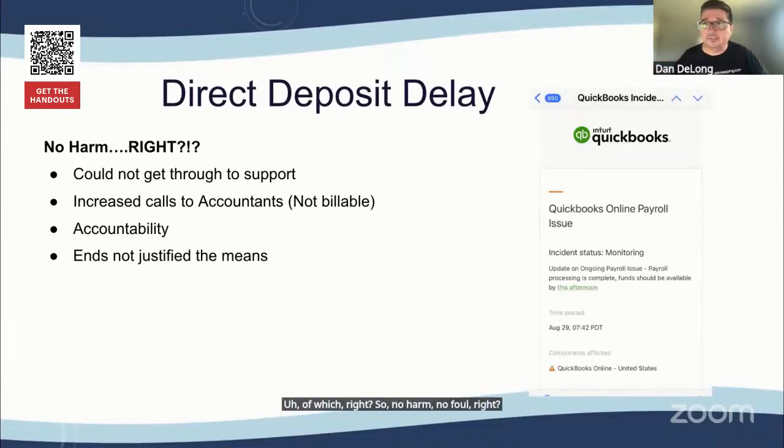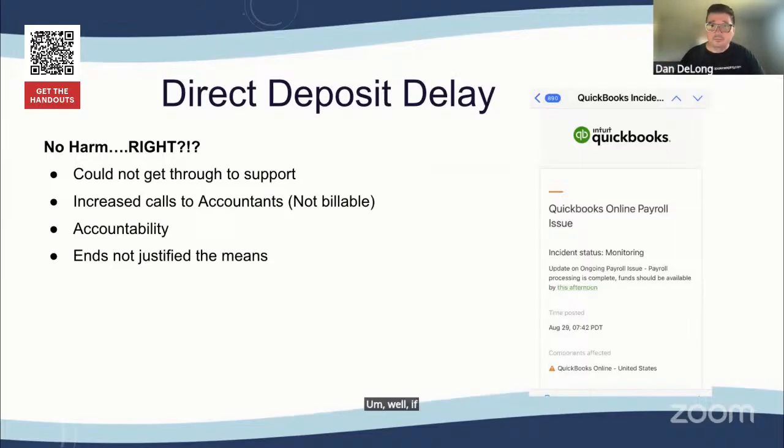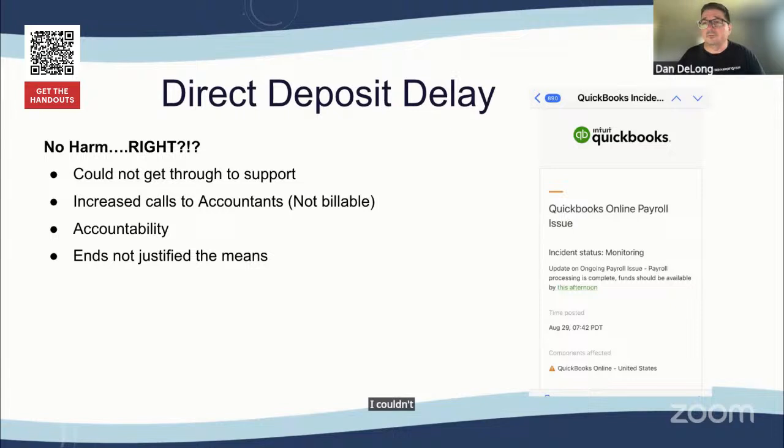It was all fixed up by the same day. Well, if you tried to reach out to Intuit during that time period, you couldn't get through. And then, of course, increased calls to the accountants, right? So I couldn't charge my customer for trying to figure out why their employees didn't get paid when they expected to.